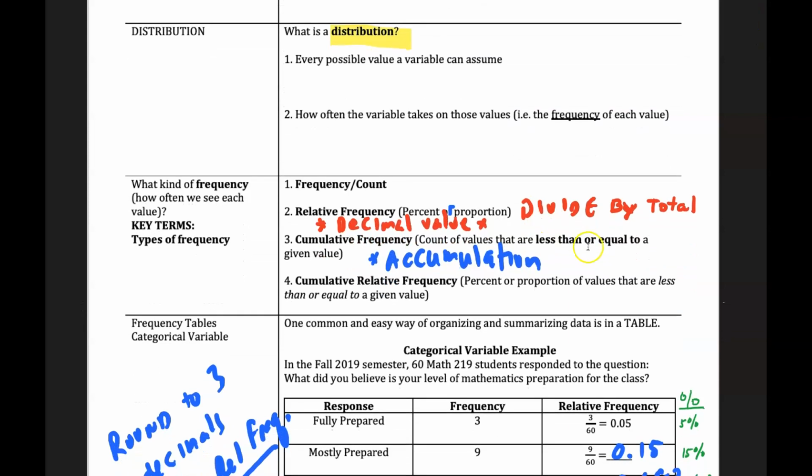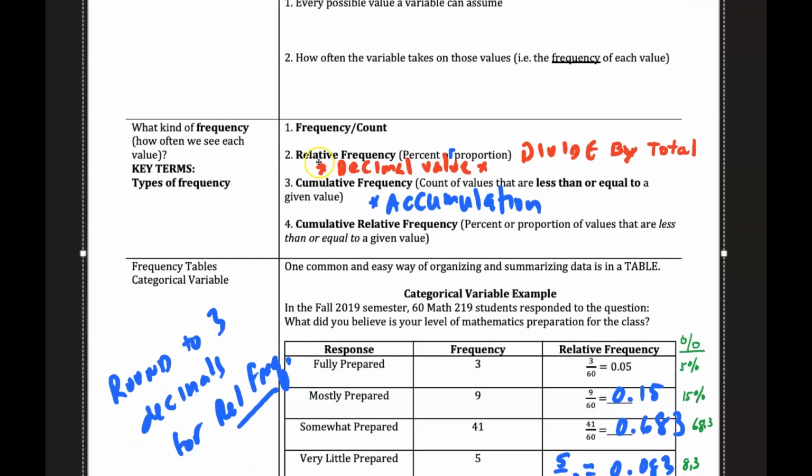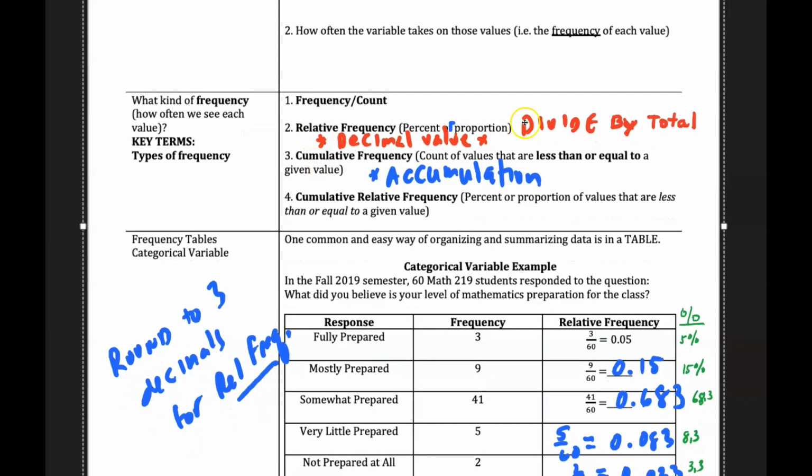And so one way we organize that is through frequency, meaning that we count how often certain data come up. And so we analyze that multiple ways. One, through just straight frequency counts, right? How often something comes up. We also look at it through what we call a relative frequency.